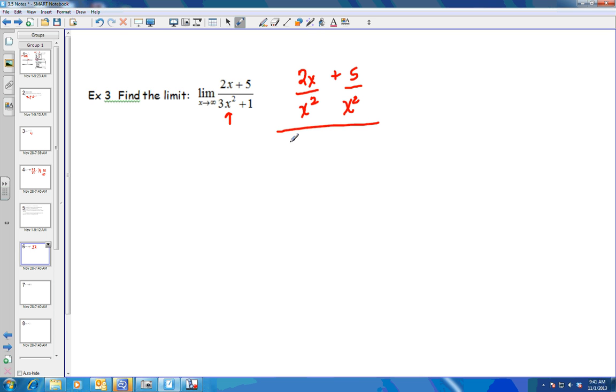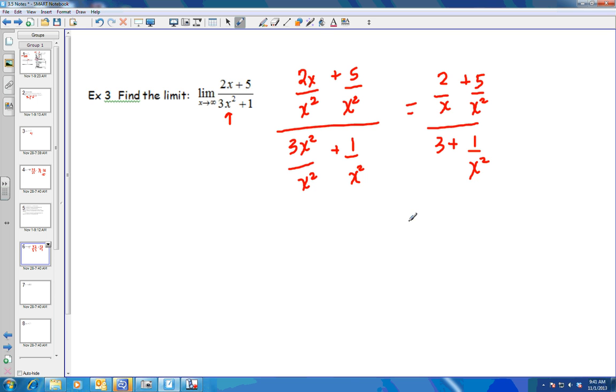And so I have 3x squared over x squared plus 1 over x squared. Okay, so let's simplify. Here I would have 2 over x plus 5 over x squared over, do you see my x squared cancel, and I have 3 plus 1 over x squared.